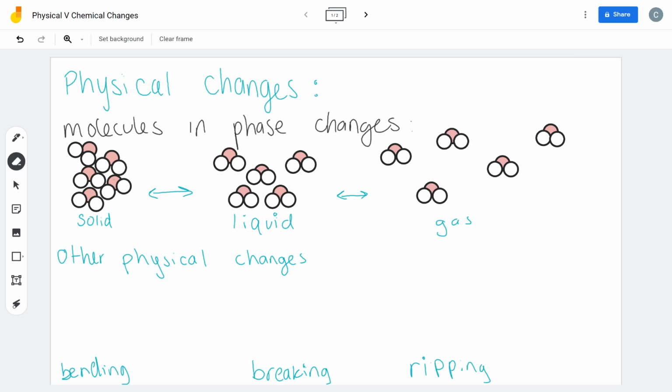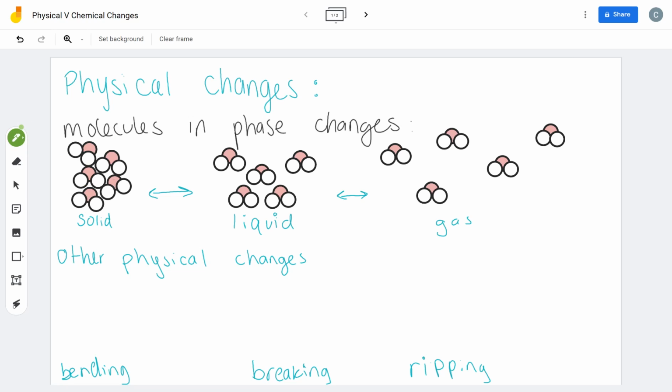And you can always change it back, which is a really important thing because in a chemical change, once you complete a reaction, you can't necessarily turn your new substance back into what it originally was. So for phase changes, you can always make those molecules go back into one of the other phases under the right conditions. Now, let's talk about what the molecules would look like for some other physical changes.